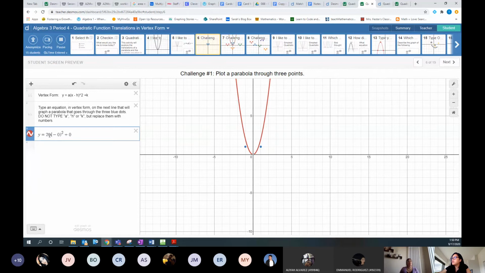If I put a 3, it's even slimmer because now it's one side, 3 up. But we just need the parent function. 1:1. So that's how you're going to do number 6.